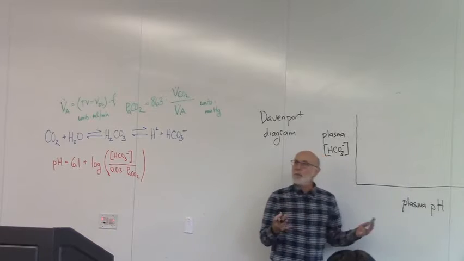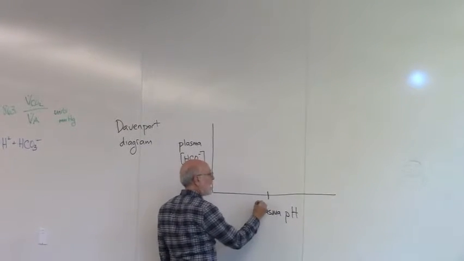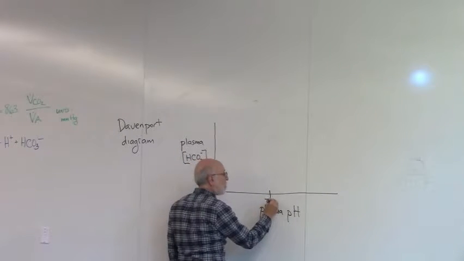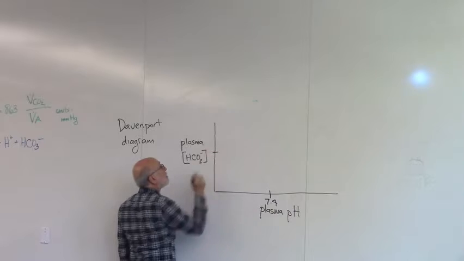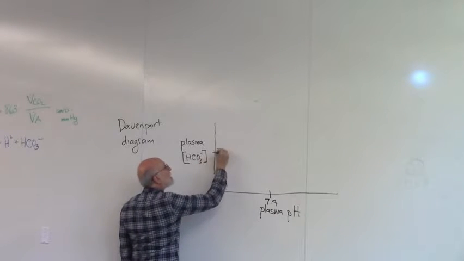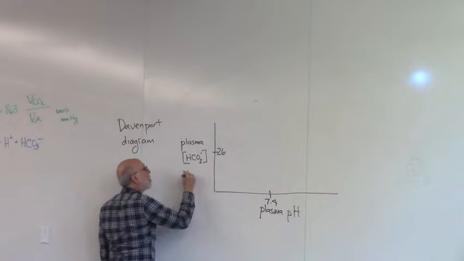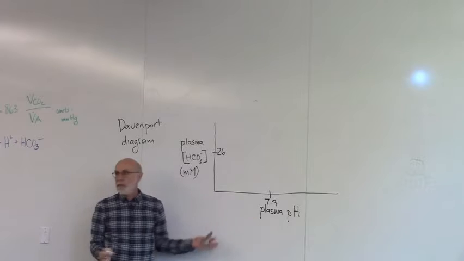And let's start to put up some normal human values. Normal human value for the plasma pH is 7.4. A normal human value for the plasma bicarbonate is 26. This is in millimolar units, and this is in pH units. It's unitless.